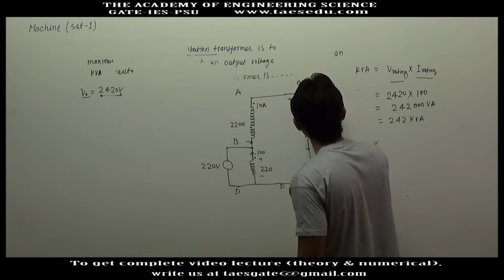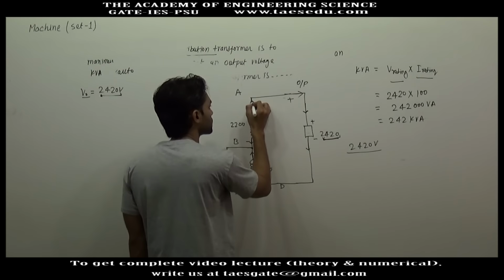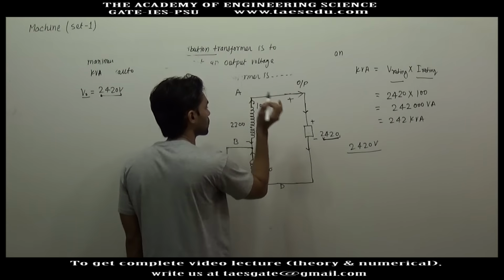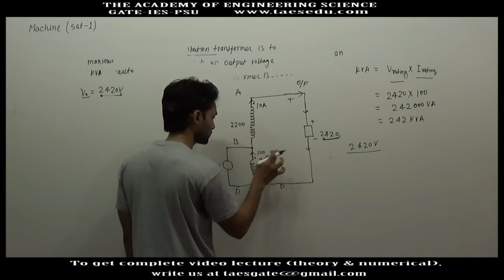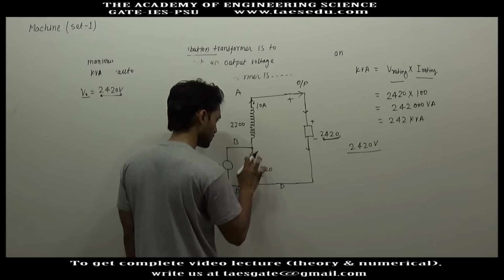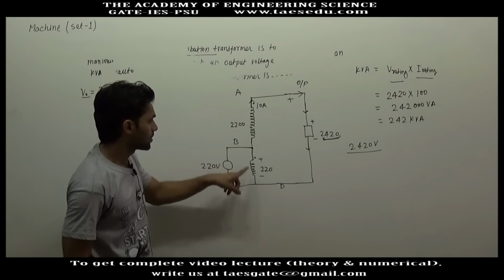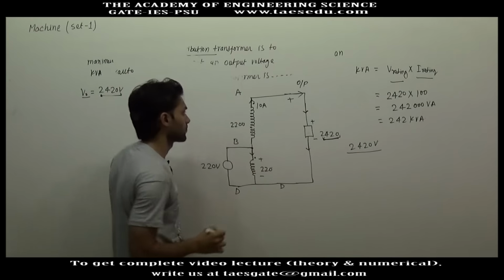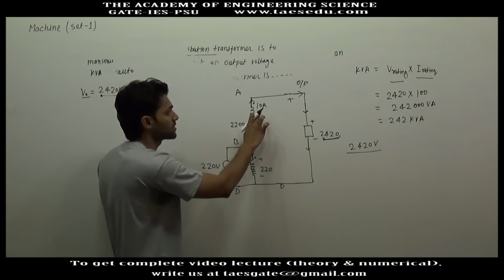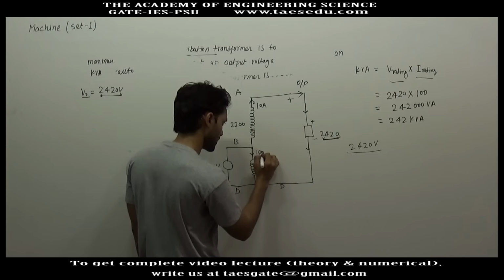So let's say 10 ampere current is flowing out of this dot. If current is flowing out of this dot, in the low voltage winding current will enter into the dot. If the current is 10 ampere here, then in the low voltage winding 100 ampere current will enter here.